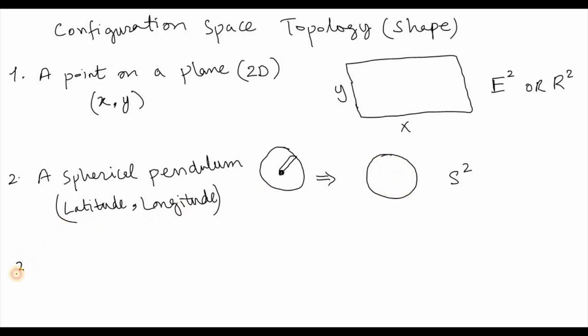Okay, number 3, we have a 2R robot arm. So a robot arm having two links. This is the first link, and this is the second link we have. So theta 1 and theta 2.